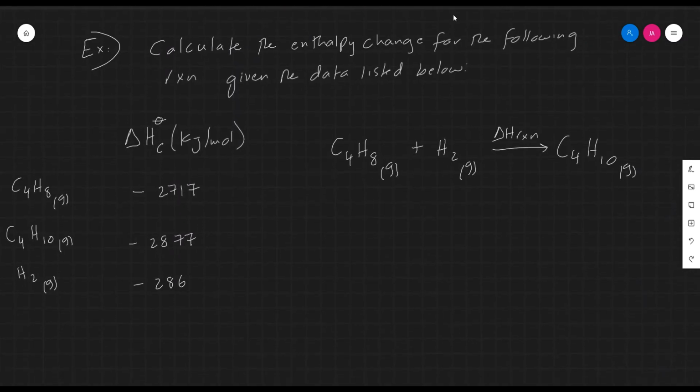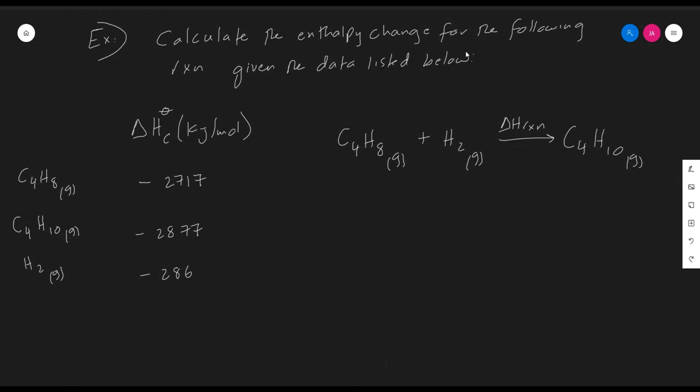Thus, this question states to calculate the enthalpy change for the following reaction given the data listed below. We are given enthalpy changes of combustion value determined experimentally, or you might be asked to get these values from table 13 in the data booklet, but in this question they have been listed. I have the enthalpy change of combustion of the reactant C4H8.